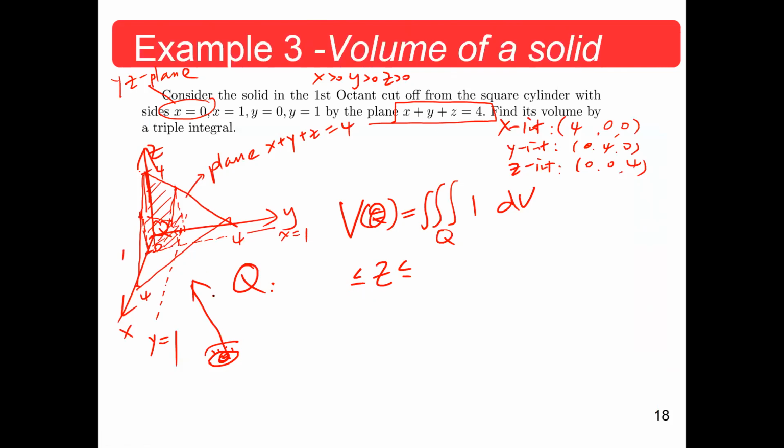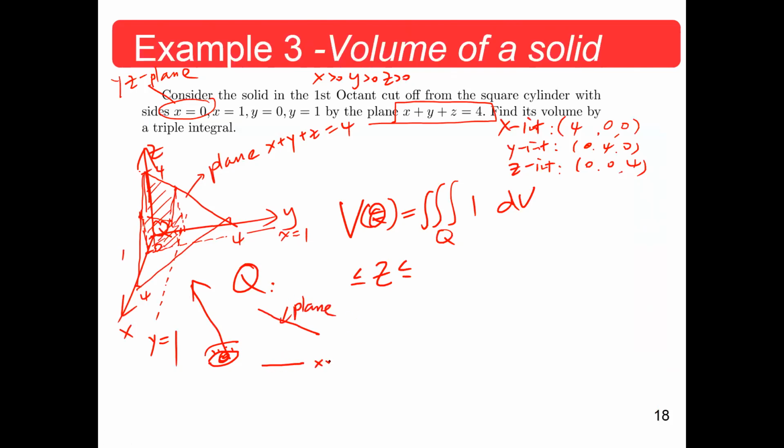What do you see on top and what do you see at the bottom? If you're looking from the side, will the top be that plane and the bottom will just be the XY plane? Yeah.